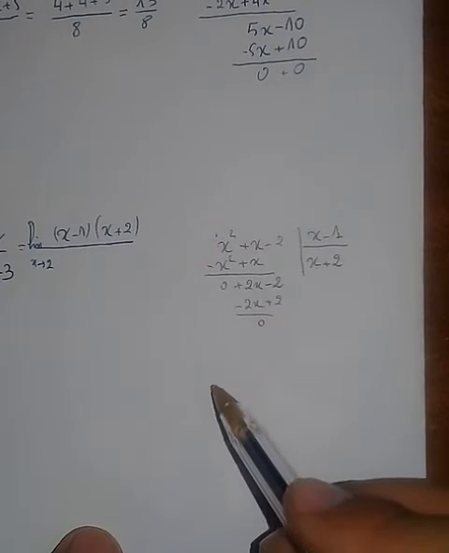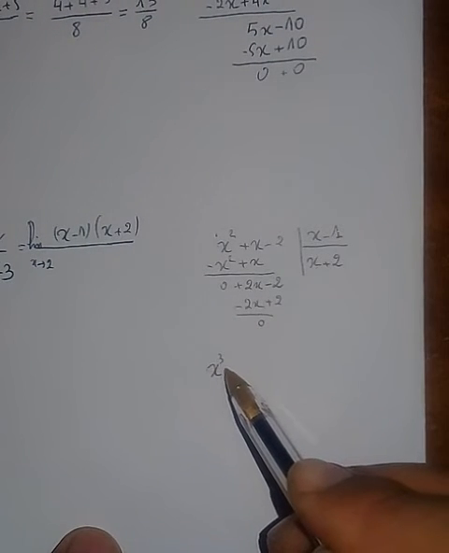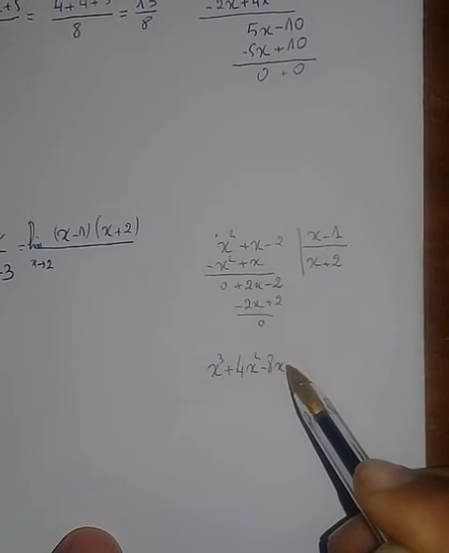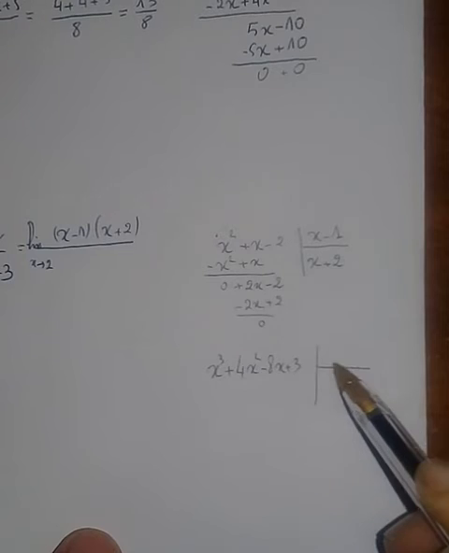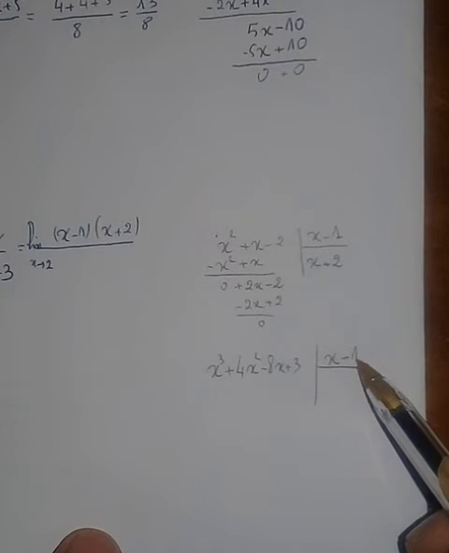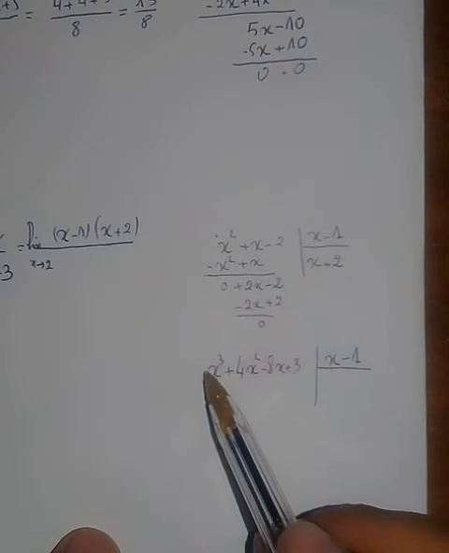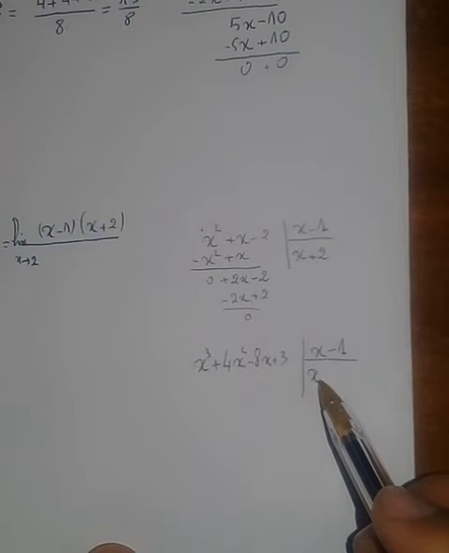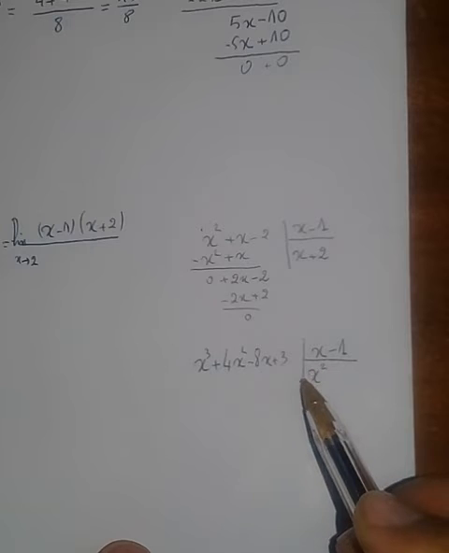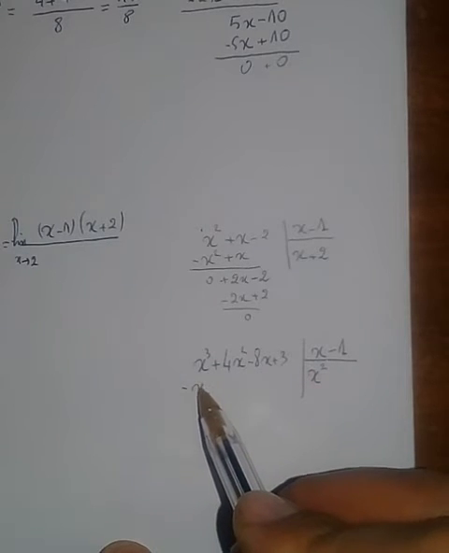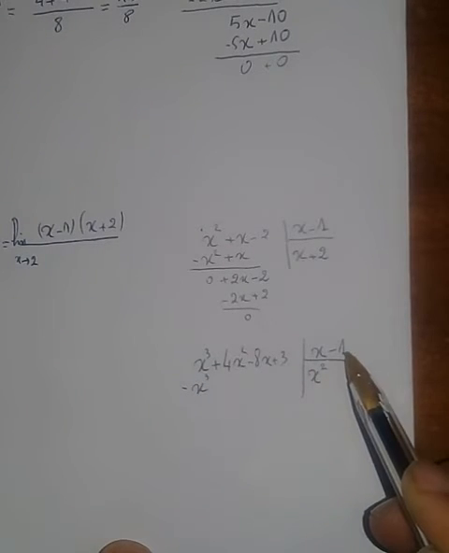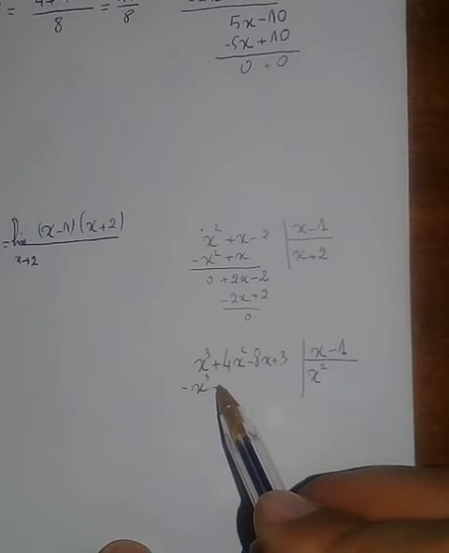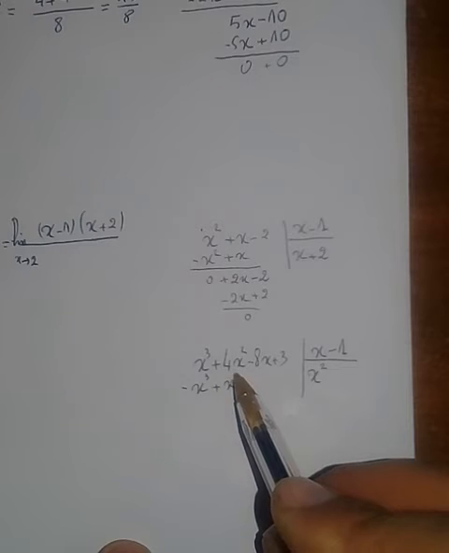I'm going to divide x cubed plus 4x squared minus 8x plus 3 by x minus 1. x cubed by x is x squared. x squared times x is x cubed, the opposite is minus x cubed. Minus x squared, alright, plus x squared.